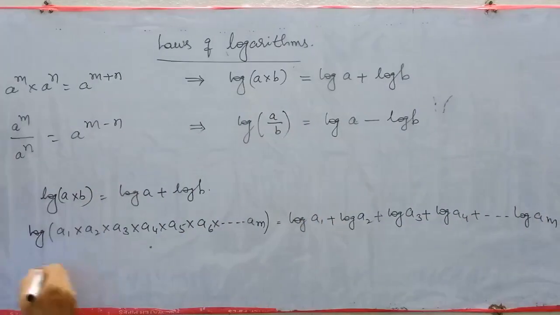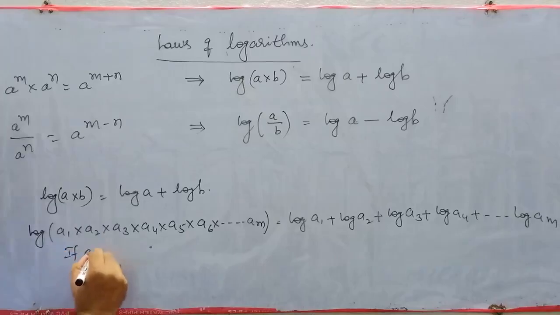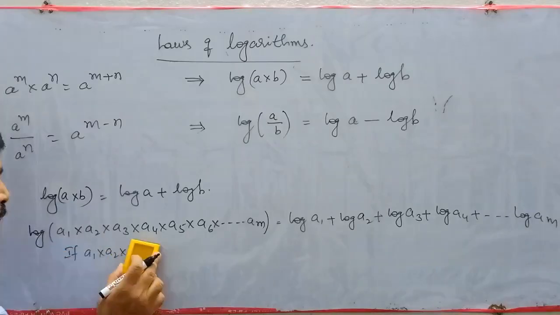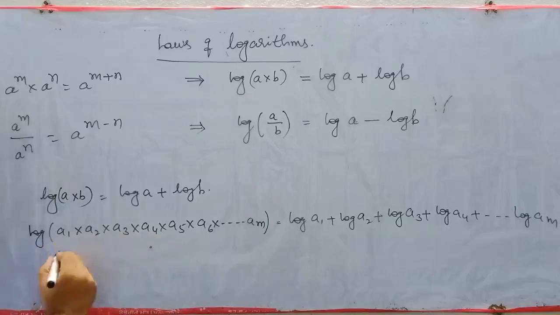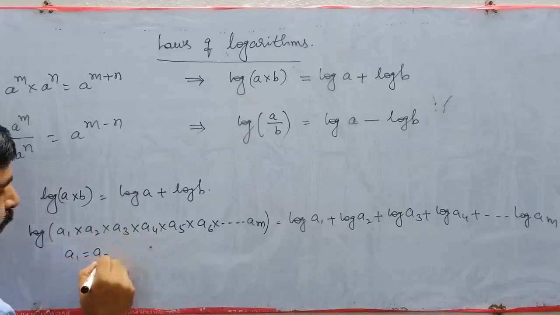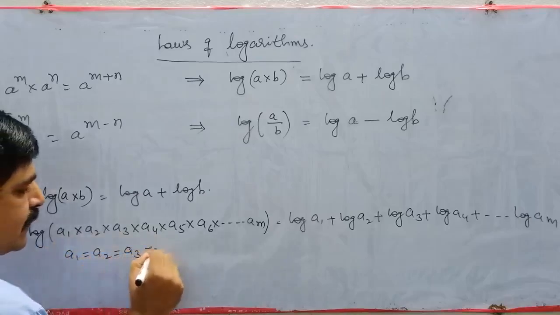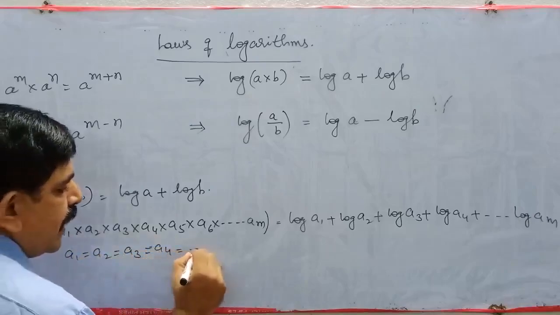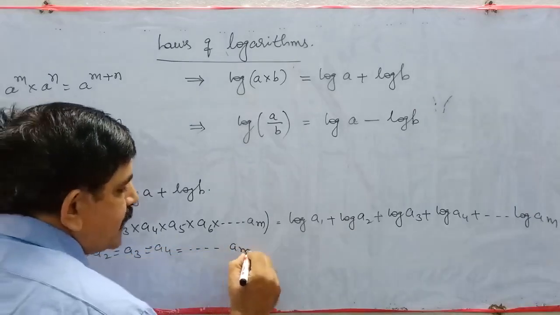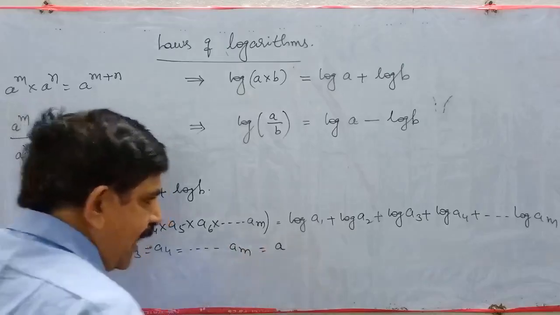Let us suppose a1 is equal to a2 is equal to a3 is equal to a4 and so on up to am is equal to a.